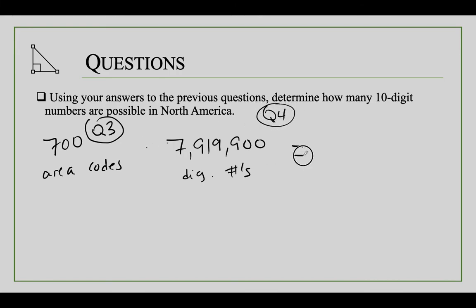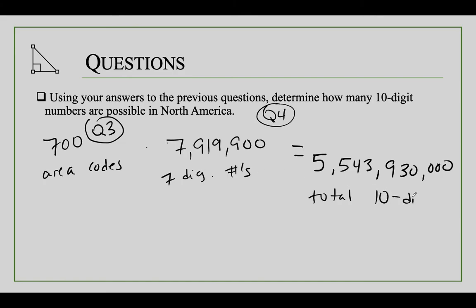Multiply those out, and we should get a really big number. So we should get something like 5 billion? 543,930,000. Total 10 digits. So we should say these are 7-digit numbers. 10-digit numbers.